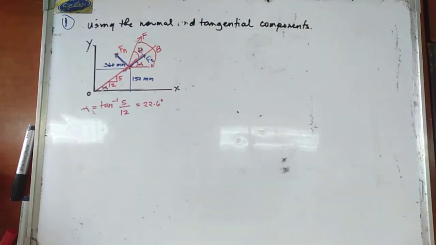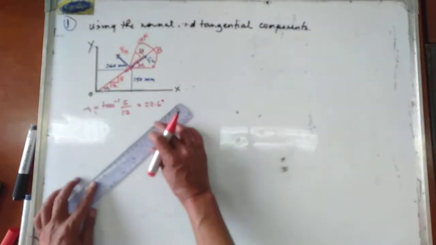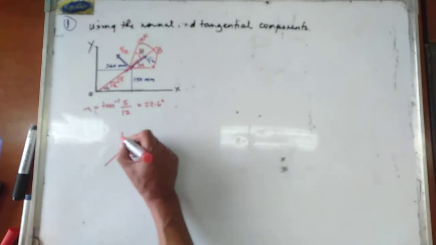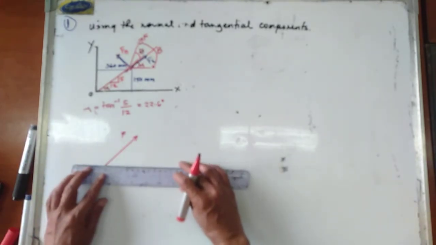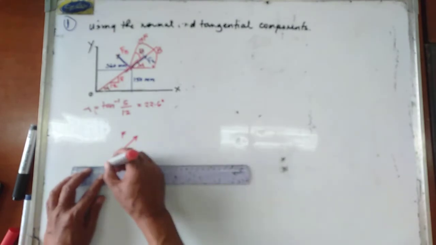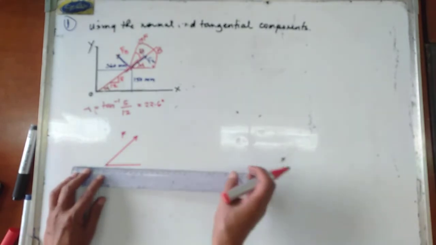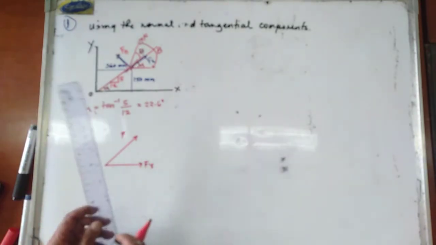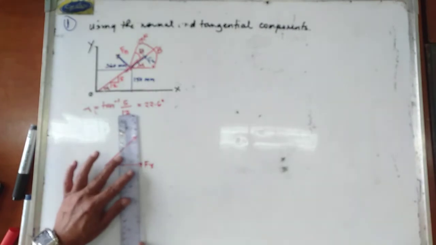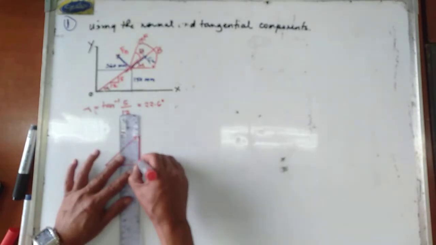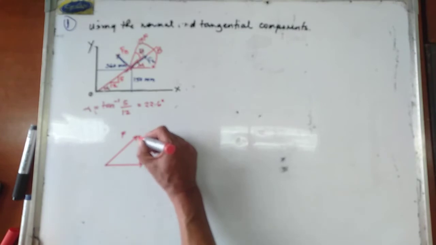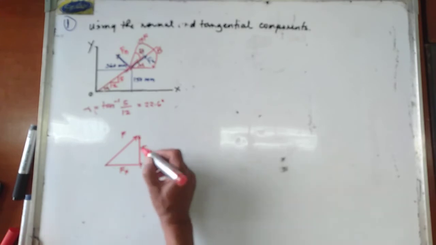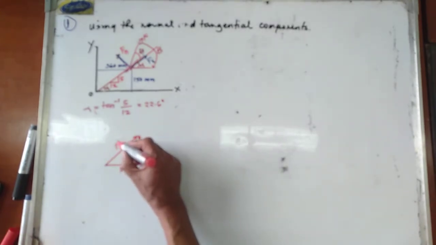If you try to look at now the force F, this is the force F. Then we have in the horizontal the F in the x-axis, and this one in here is the component of F in the y-axis. So we have your Fx, and this is now your Fy. So this is now your F.